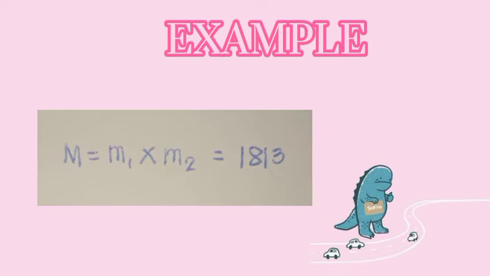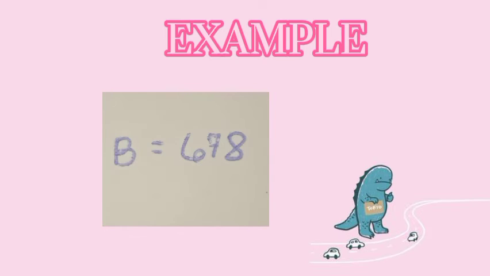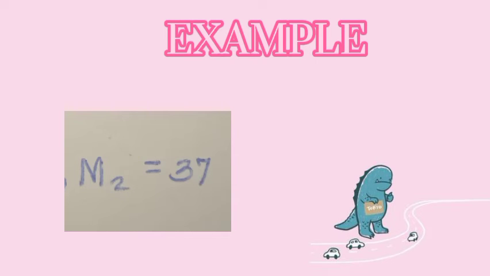m is equal to m sub 1 times m sub 2 is equal to 1813, where our a is equal to 973 and b is 678. Our M sub 1 is equal to 49 and our M sub 2 is equal to 37.